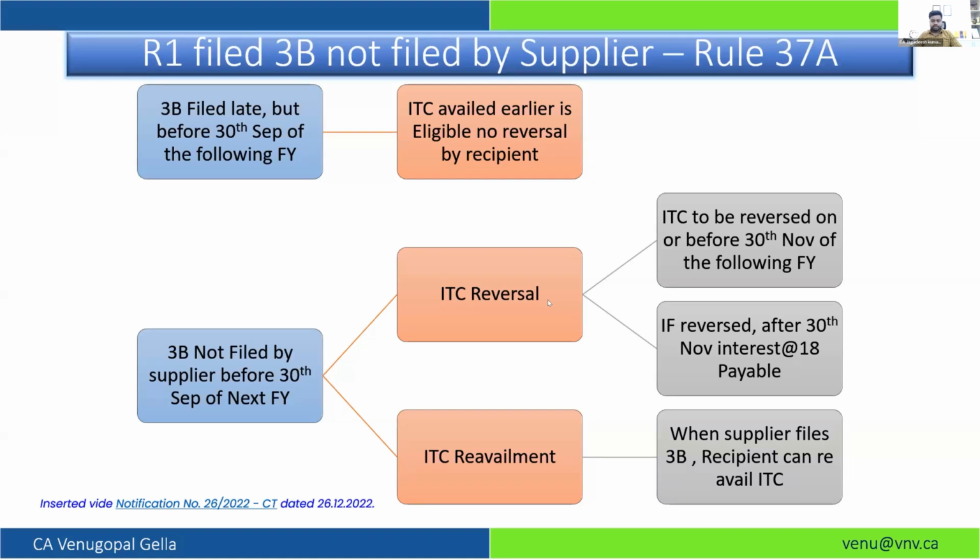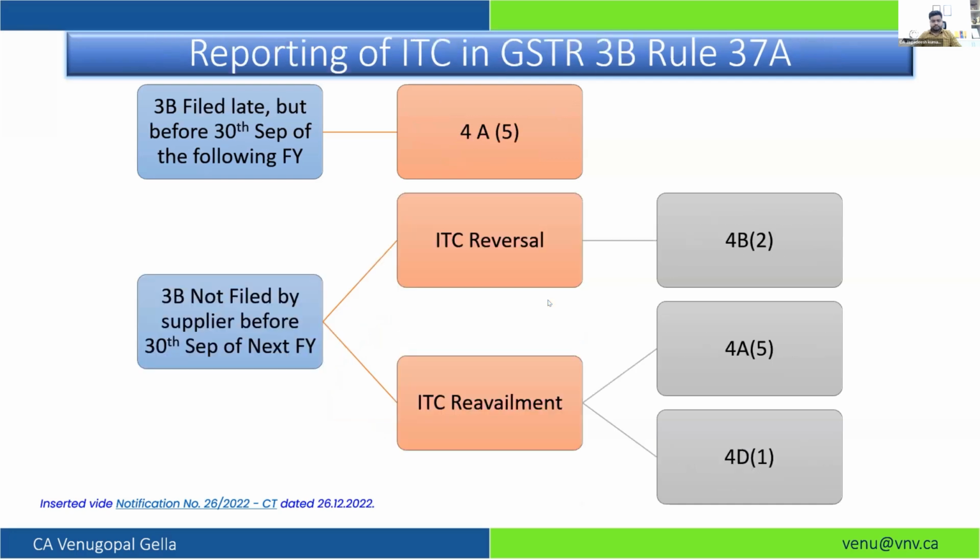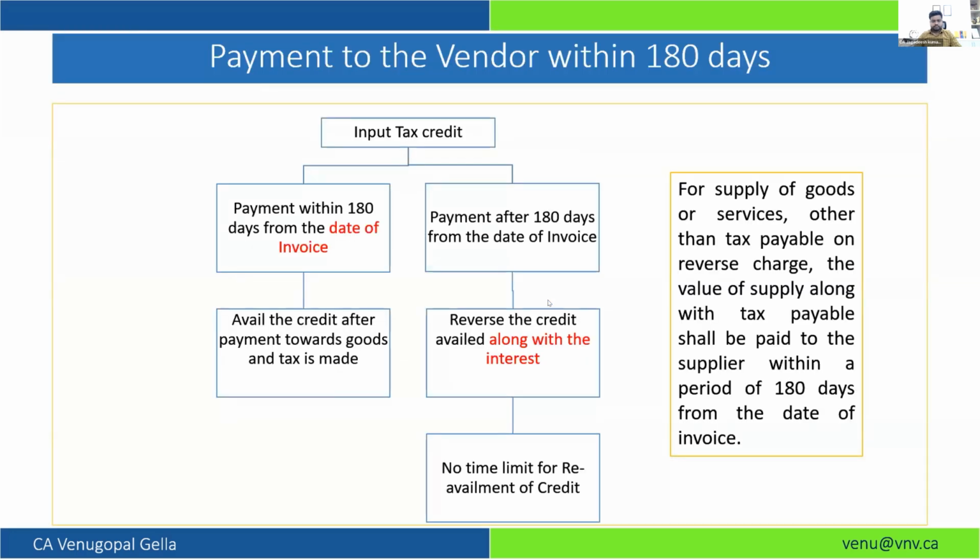Yes, Jagadeesh. One more thing, payment to supplier within 180 days. Now they have come up with one change. The problem was whether it's a full payment or a part payment. What was happening was that in case of any dispute, the recipient would make a part payment.